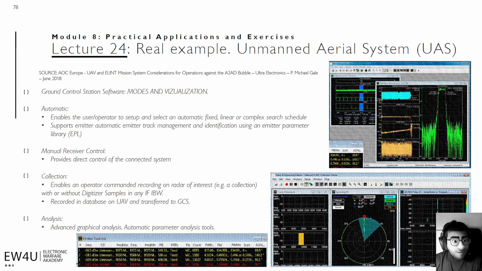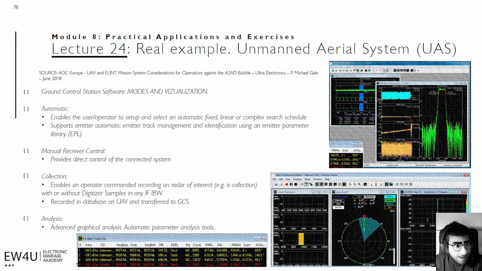Main features of the ground station. Firstly, ground control station software. We have different modes, different visualizations, different plots, different parameters. These are different ways of showing the intercepted signal, the spectrum, the environment. Secondly, it is automatic, which means it enables the user or operator to set up and select an automatic, fixed, linear, or complex search schedule.